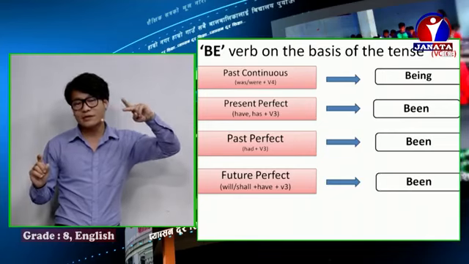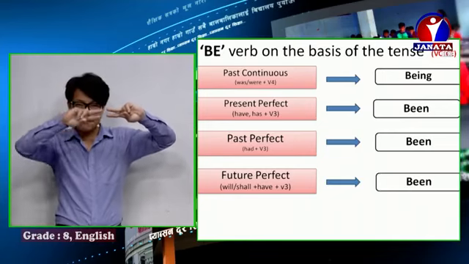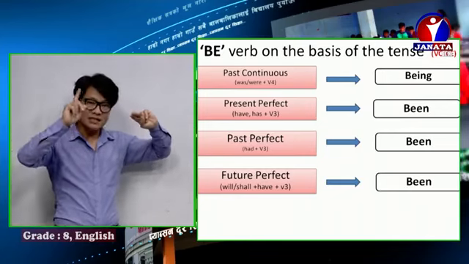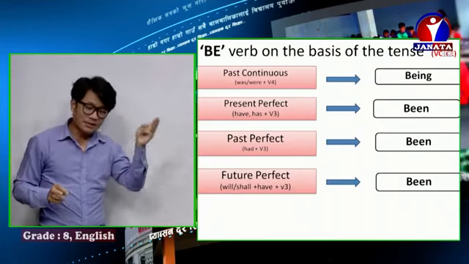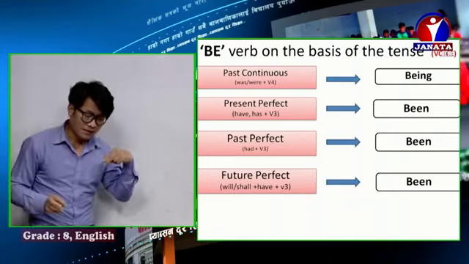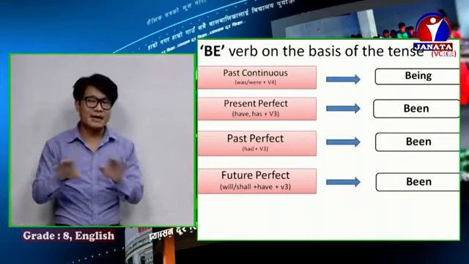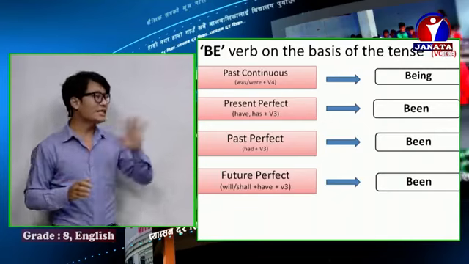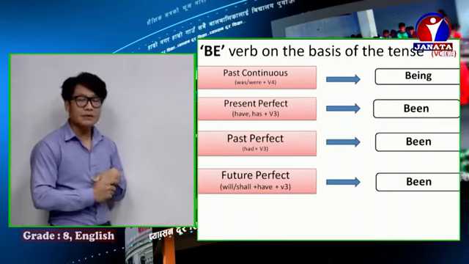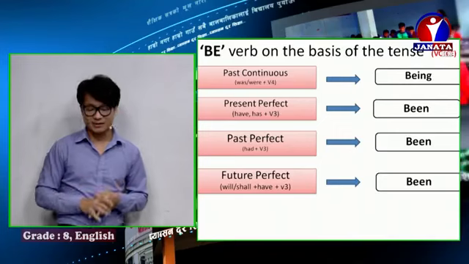Continuous, past continuous, present continuous, they have the same be verb, that is being, and past, present, and future perfect, they have the same be verb, that is been. So these are about be verbs on the basis of the tense.